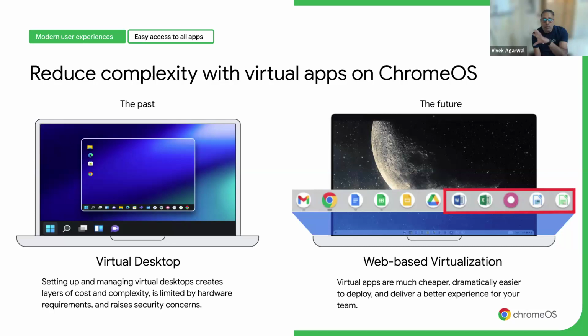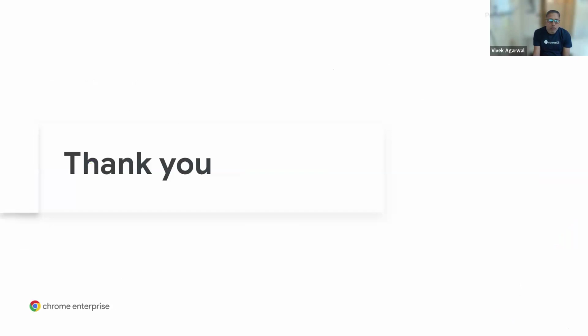As you can see on the Chrome device on the right-hand side, on the bottom bar, the user is getting a perspective of not just his existing Google Workspace applications, but she can also see a range of legacy applications which provide a very native look and feel or experience to the user to utilize on the device. That's just one part of it. I will not steal Paul's thunder, but I will ask Paul to give us a walkthrough of the platform and help us understand the benefits of the platform as well.